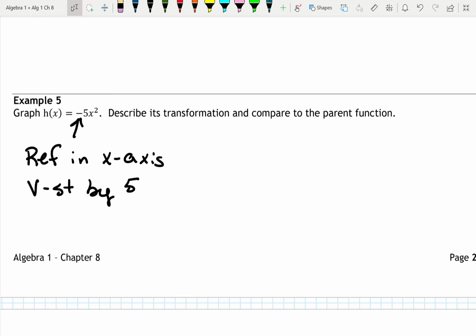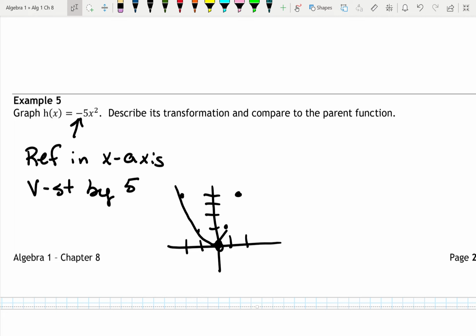So this is our first one where our graph is going to be facing down. So again, let me graph my parent. This is going to be f of x equals x squared.